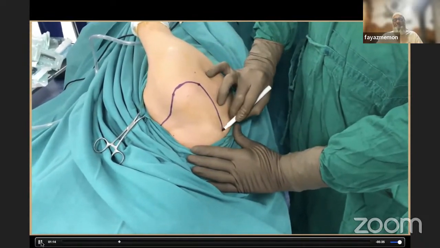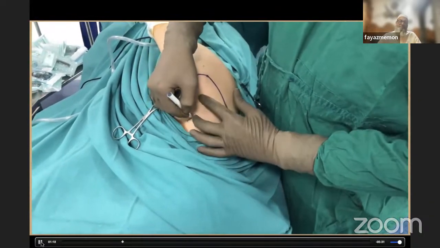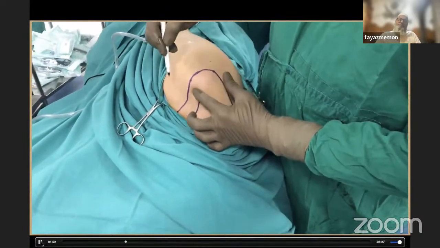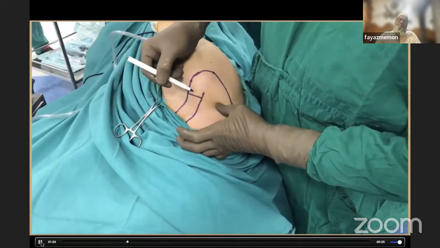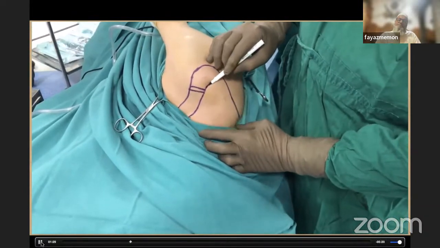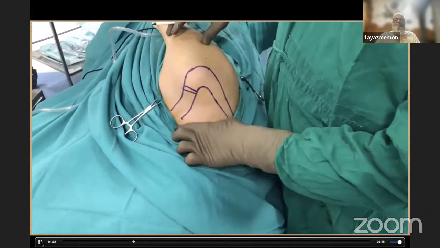So this is how it is. Now, for these margins, again, you do the same thing and take it over here, mark your acromioclavicular joint over here, and then the superior aspect of the spine of the scapula. So this is our arch, which is most important.